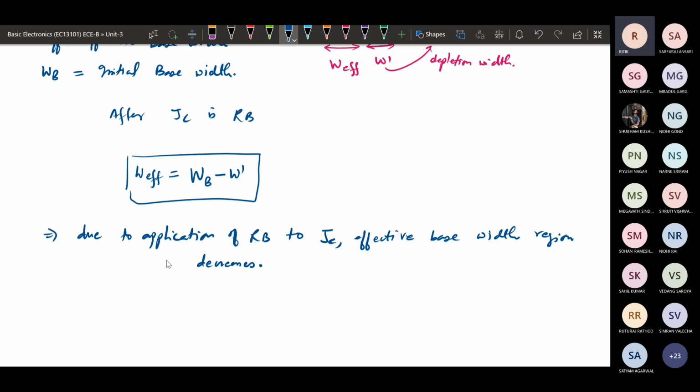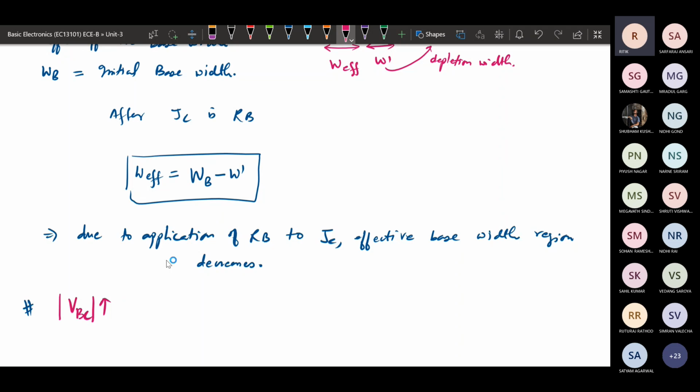Okay, so what will be the effect of this? We will just see. So we can conclude the point. If we are increasing the V_CB, suppose we increase the mod of this value, that means we are going to increase in the positive side.